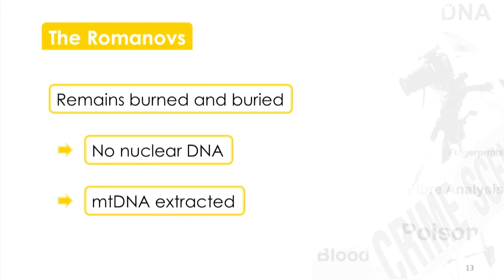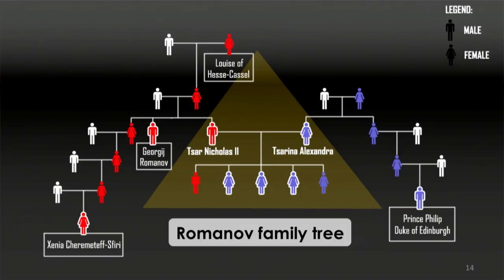So let's look at the imperial family. The father of the family, Tsar Nicholas II, some of his relatives survived the revolution. They escaped from Russia. Now, we can trace back the Tsar to his mother and to his grandmother, Louise of Hesse-Kassel. So Louise of Hesse-Kassel's daughter was the Tsar's mother.